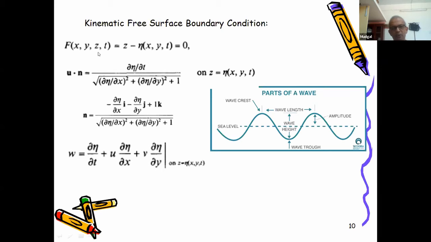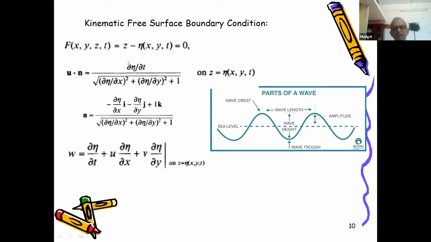So to write the expression for the free surface, you write it as z equal to eta of x, y, t, and then you take the eta to the other side and express it as equal to 0. Then you can carry out a similar process: u dot n is equal to del eta by del t divided by the root of del eta by del x squared plus del eta by del y squared plus 1.